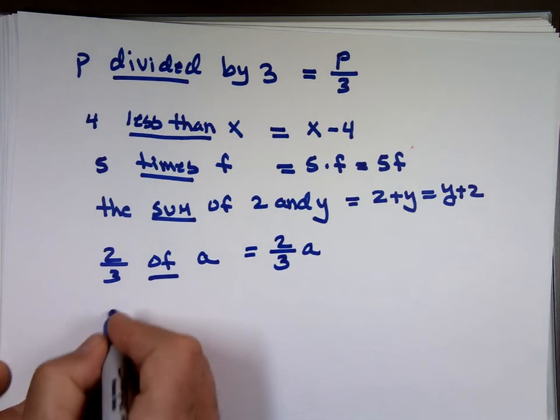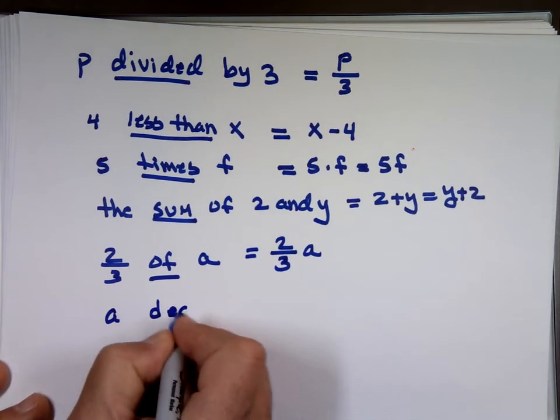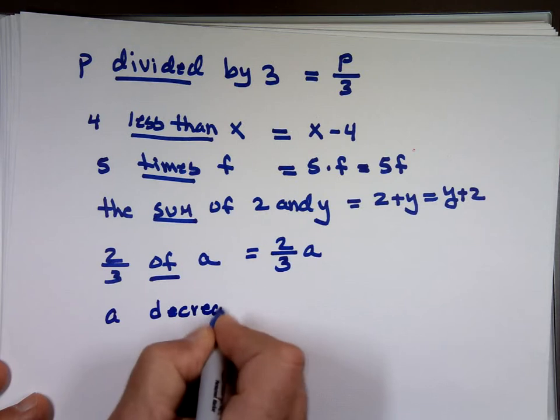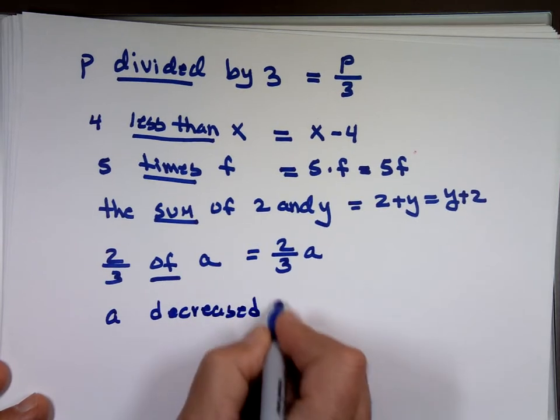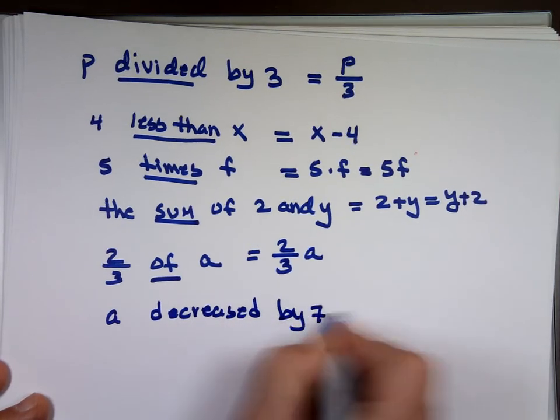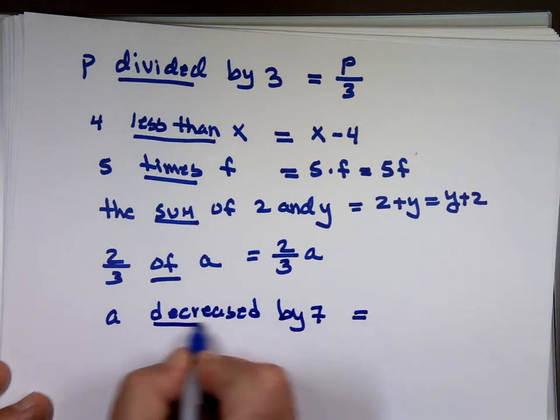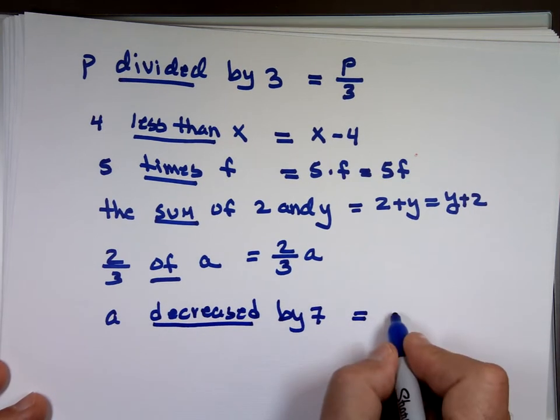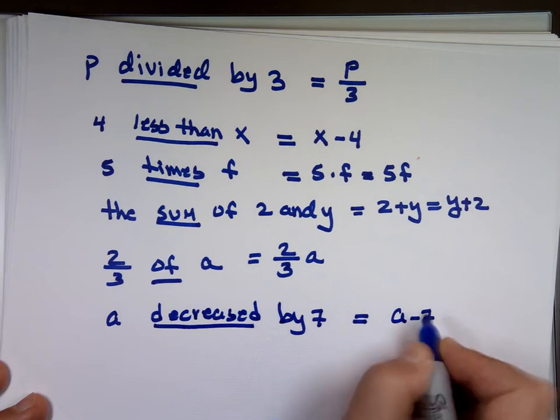A decreased by 7. A decreased by 7. A minus 7. Good.